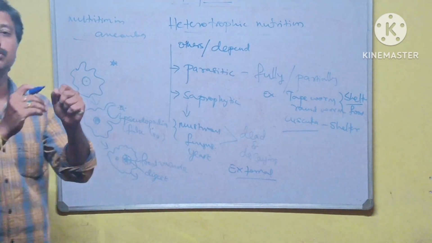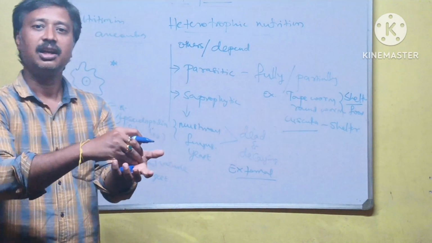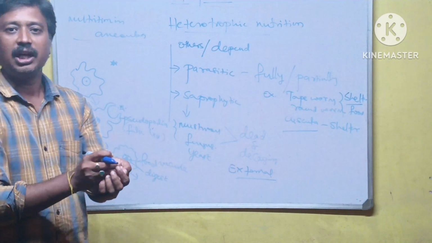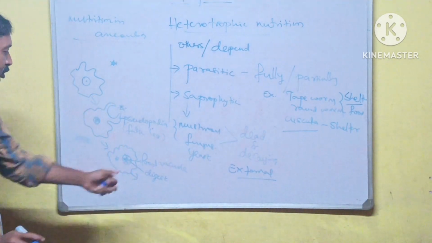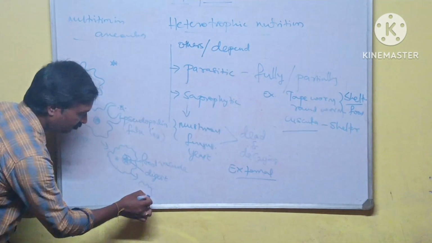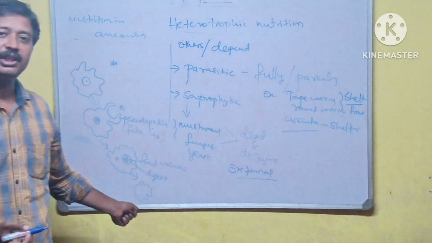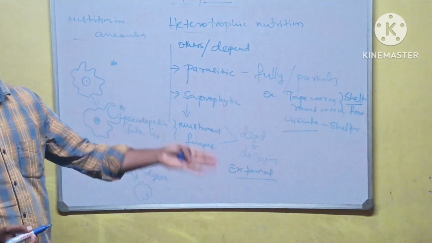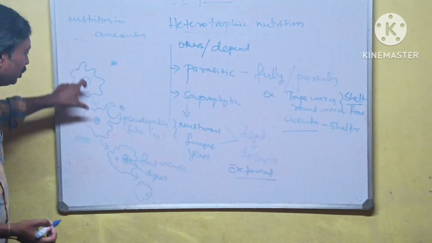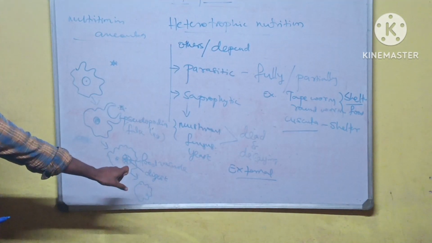The food vacuole produces juices on the food and the food is digested in the food vacuole. Later on, the food vacuole remains small in the body. Afterward, it excretes.